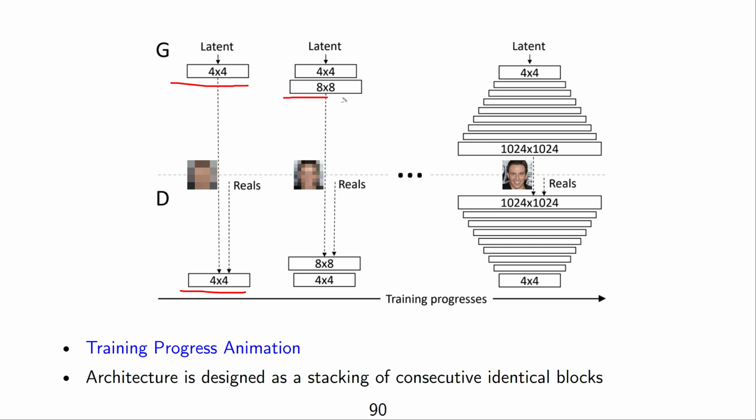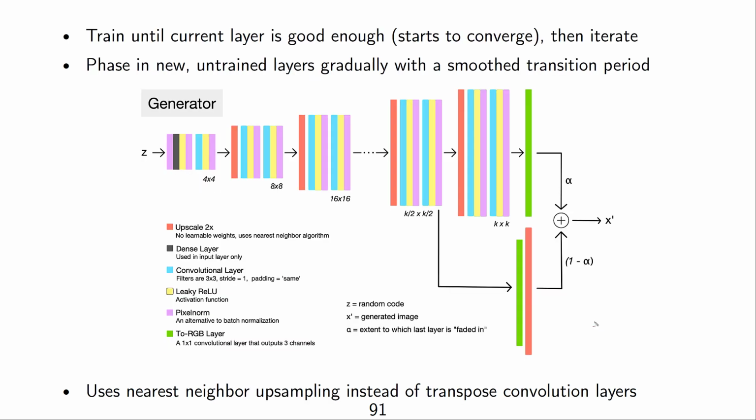Then, after some time of training, there will be another layer added to the generator and another layer to the discriminator. There might be multiple layers, just to illustrate the principle. Then both the generator and the discriminator are growing in a synchronized fashion until we have the full GAN shown here to the right, where the generator generates 1024 squared images and the discriminator judges them.